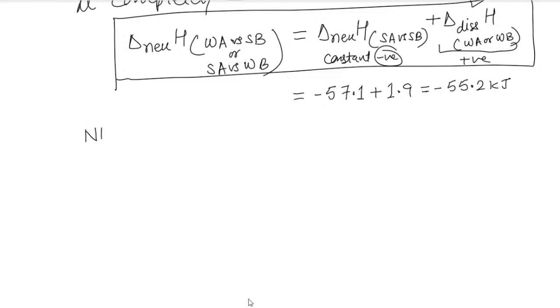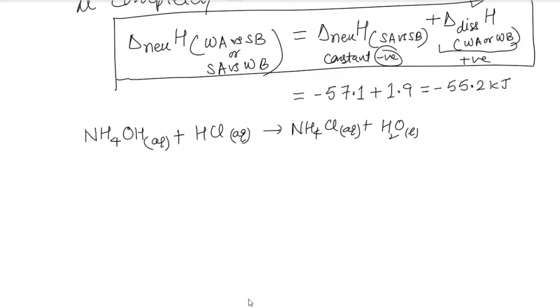Same, ammonium hydroxide plus HCl, so it gives ammonium chloride and H2O liquid, and its enthalpy of neutralization is equal to minus 51.5 kilojoule.